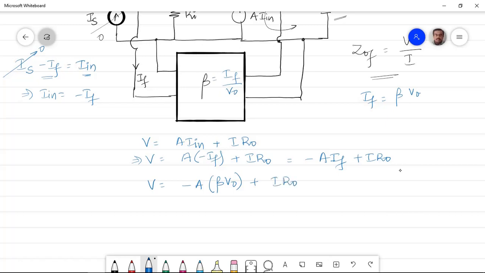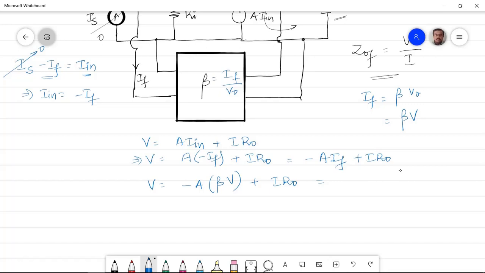And what is V naught? V naught is nothing but V. So I can write this as beta times V, plus I into R naught.